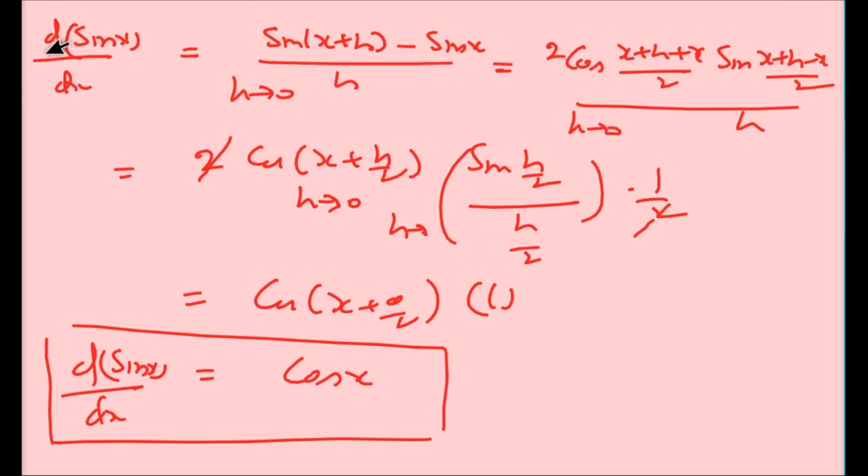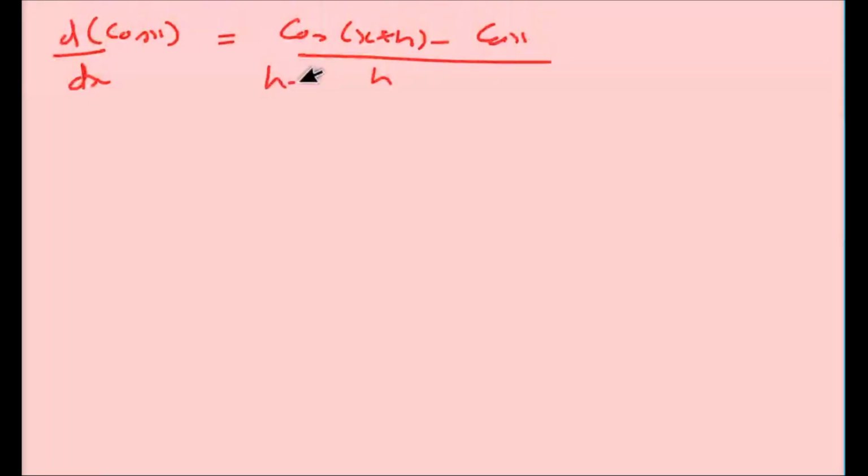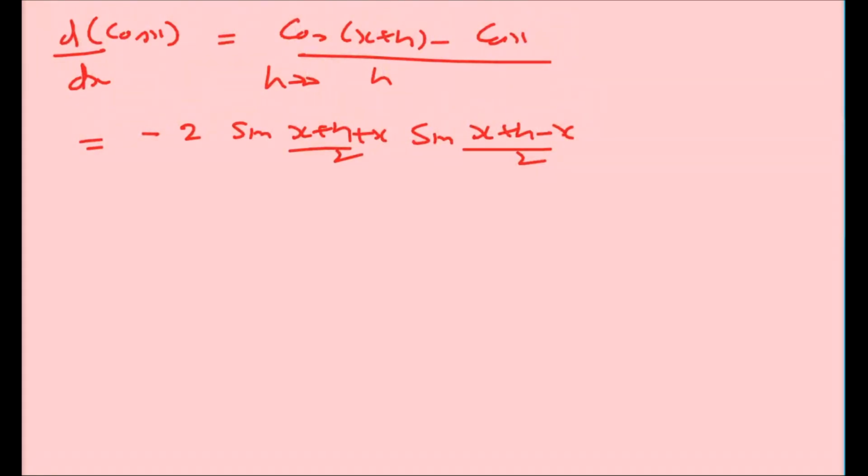Okay, similarly we are going to find the differential of cos x. Now similarly we will do it: cos(x plus h) minus cos x upon h, h tends towards 0, and cos c minus cos d equals minus 2 sin((c plus d)/2) sin((c minus d)/2), upon h.